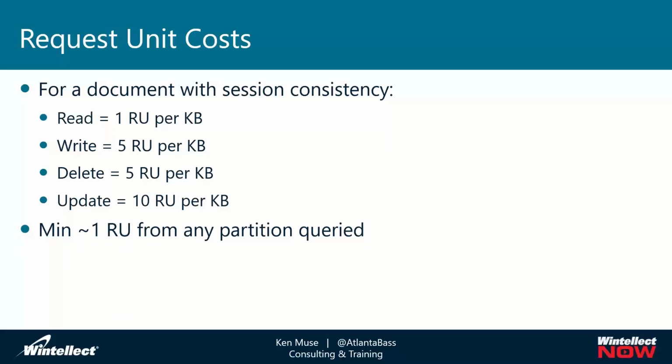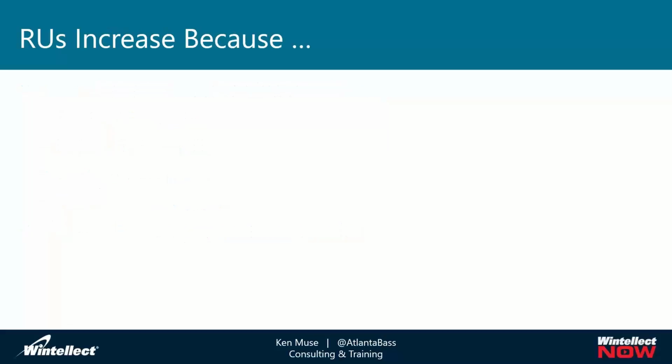Now, no matter what you do, the lowest amount of performance you can do is 1 RU. And the numbers I'm giving you here can vary based on a number of things, such as item size, property count, indexing, and we'll dive into that as well.